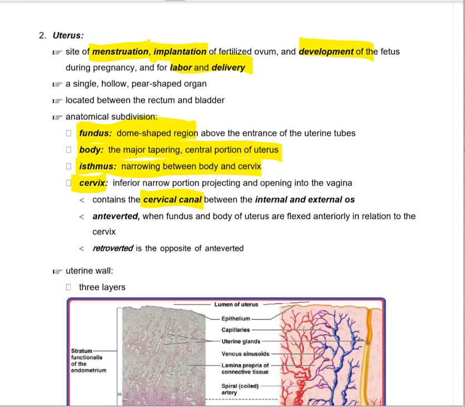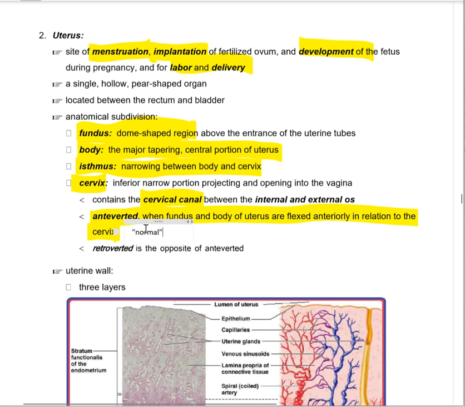And anteverted is when the fundus and body are flexed anteriorly in relation to the cervix. That's what we'll consider normal.